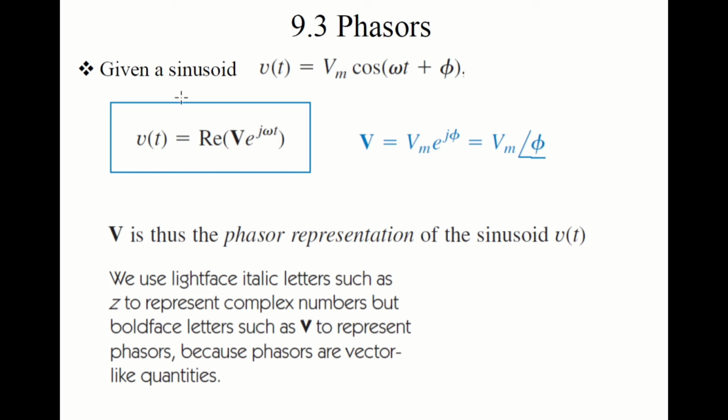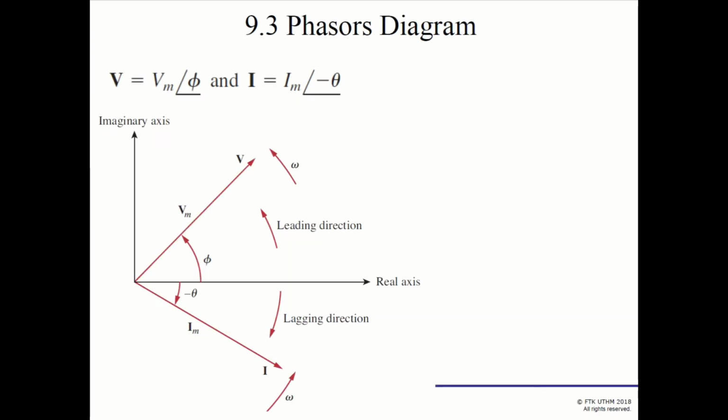So we can represent v(t) equal to the real part of V e^(jwt), or we can write it like this. So V is equal to Vm angle phi.